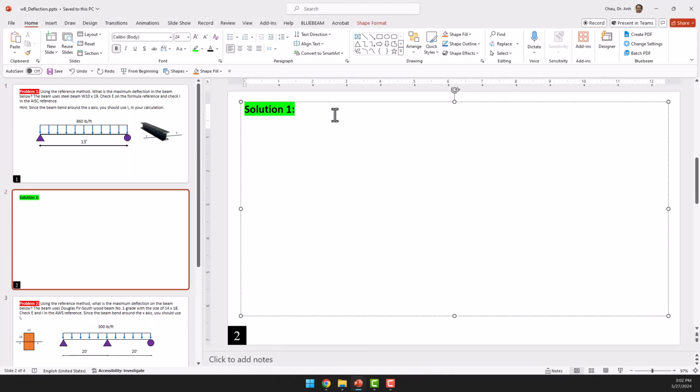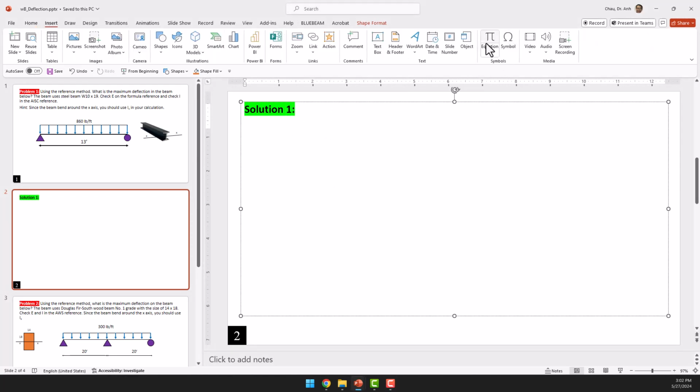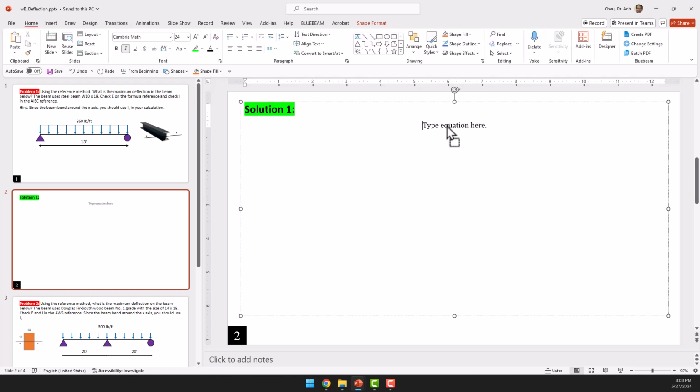So we have, and I'm going to type this one in the equation editor, delta max equal to 5WL to the power of 4 divided by 384 EI. Okay.